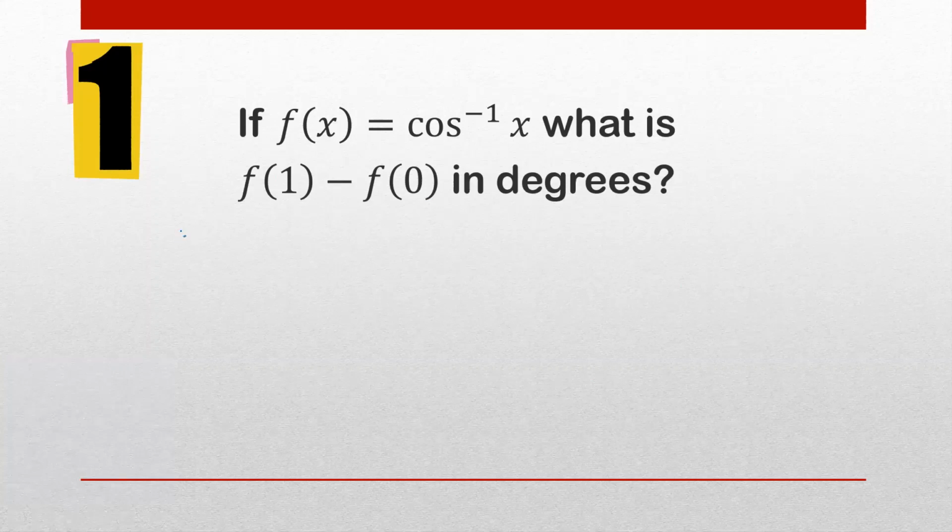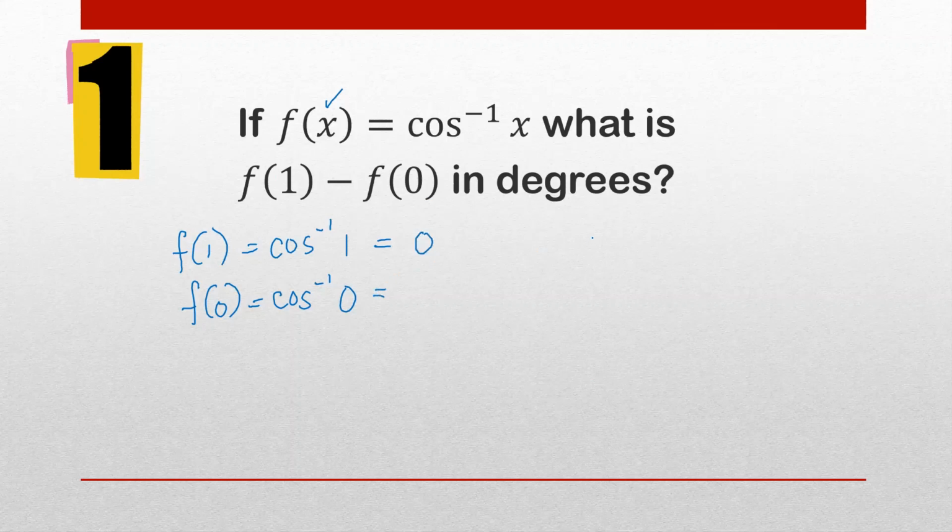So yung f of 1, substituting x to our 1 is r cosine of 1. Yung f of 0 is r cosine of 0. Okay? R cosine of 1 is equal to what? This is equal to, nagre-range siya sa 0 to 180. So this is 0.